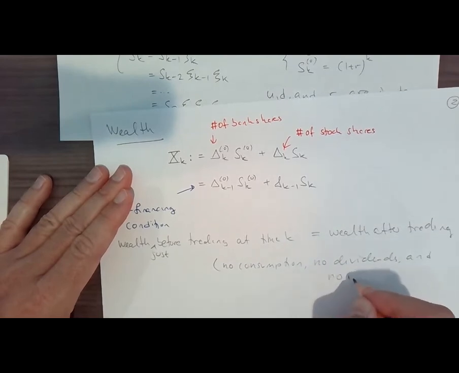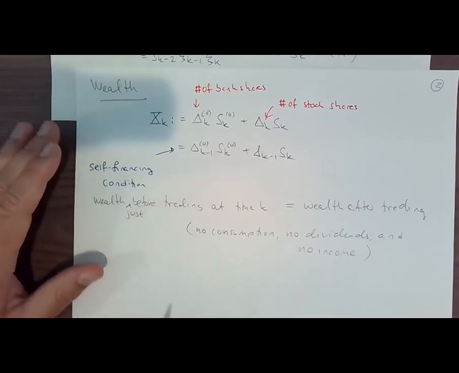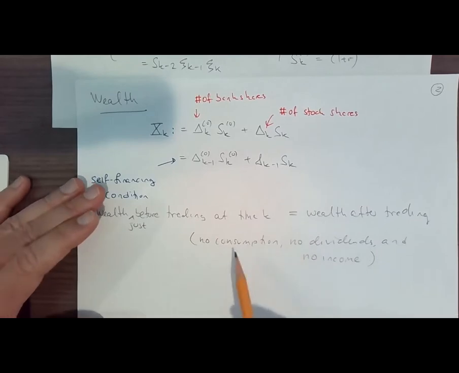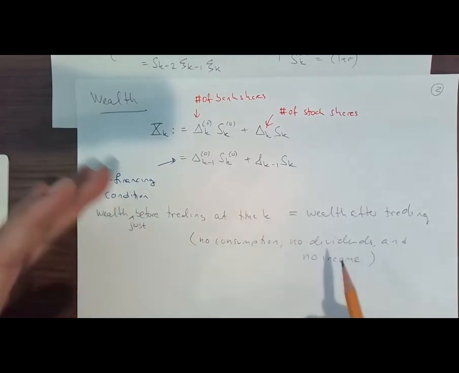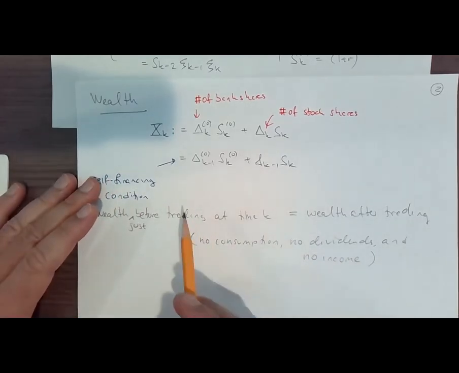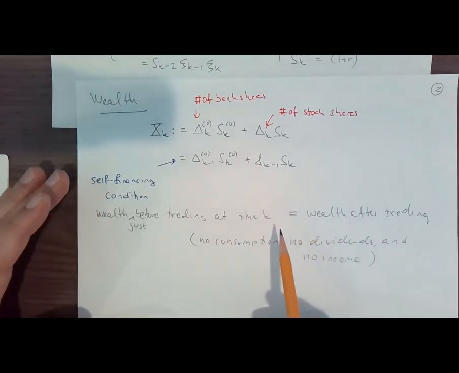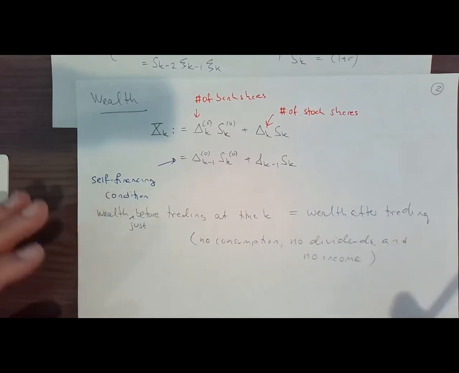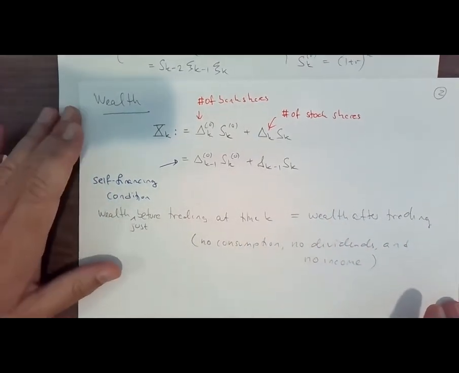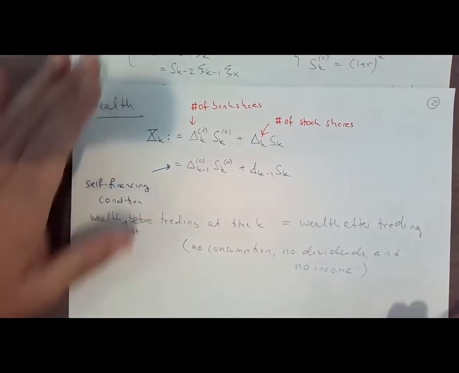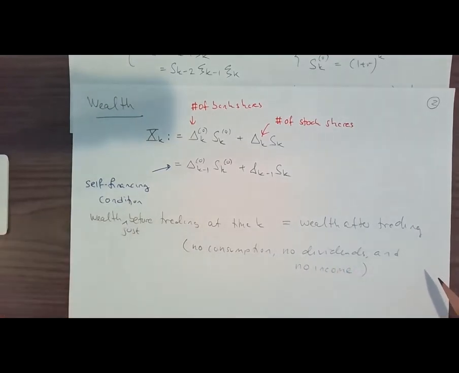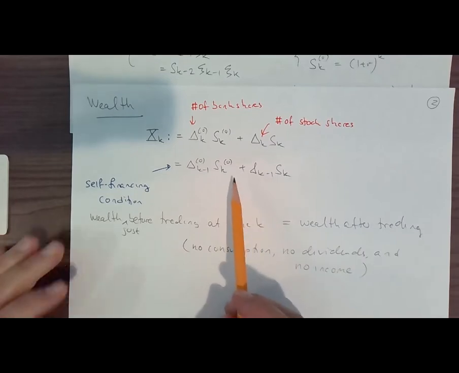Income. One could imagine that at time k, you will also be able to receive salary, right? And then the wealth after trading might be different than the wealth before, because you would have had income. But we don't have that in our first model here. Later on, we are going to get some consumption, we are going to get some dividends in there. But for now, this is the self-financing condition.